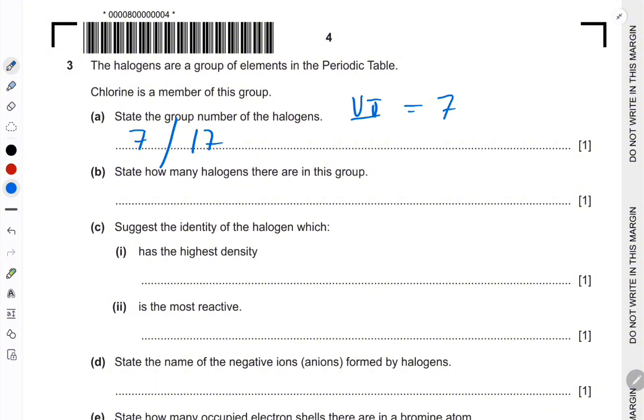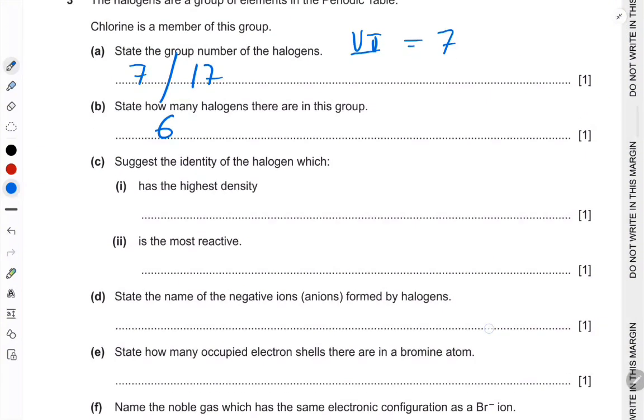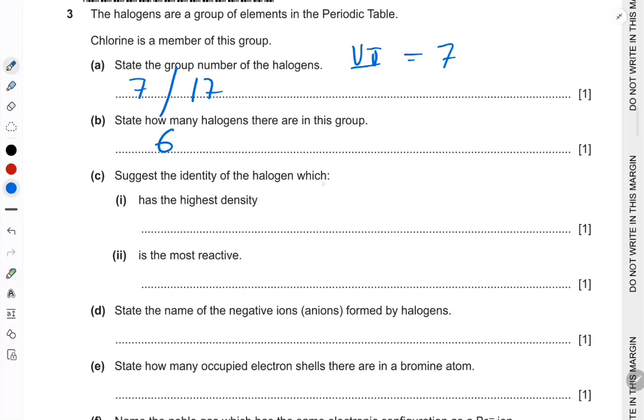Now, how many halogens are there in this group? You can see fluorine, chlorine, bromine, iodine, astatine, and tennessine. So there are 6 in this group. Very clear on the periodic table. Suggest the identity of the halogen which has the highest density. Class, remember, fluorine is a gas, chlorine is a gas, bromine is a liquid, iodine is a solid.